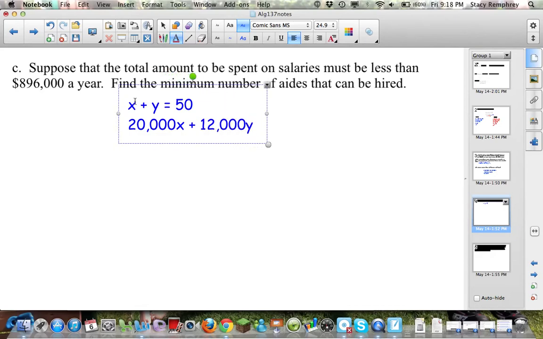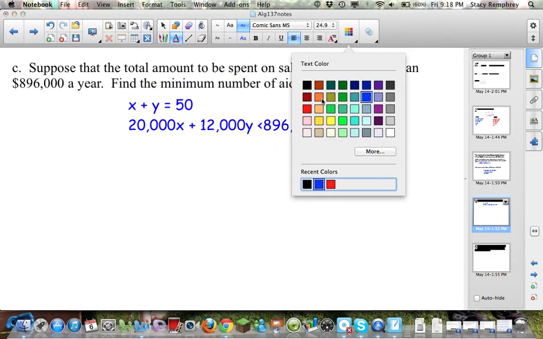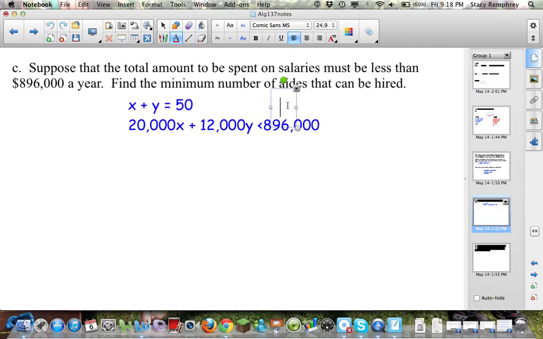And that total amount of money has to be less than $896,000. They asked me to find the minimum number of aides. And for me, aides is being represented by the y.